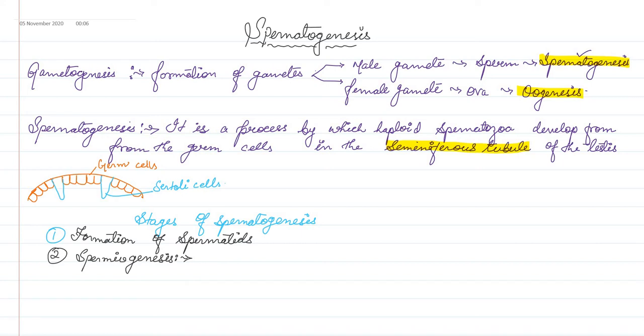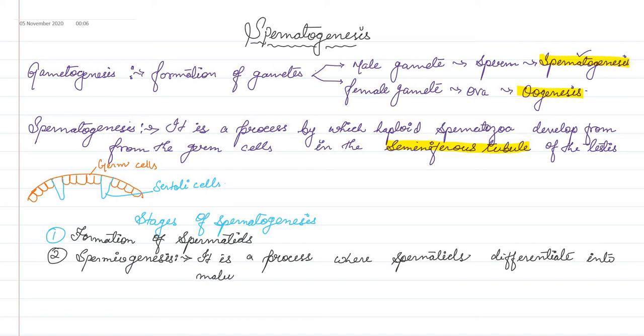What is spermiogenesis? Here one question arises. So beta, it's a process where spermatids differentiate into mature spermatozoa, or you can call sperm.